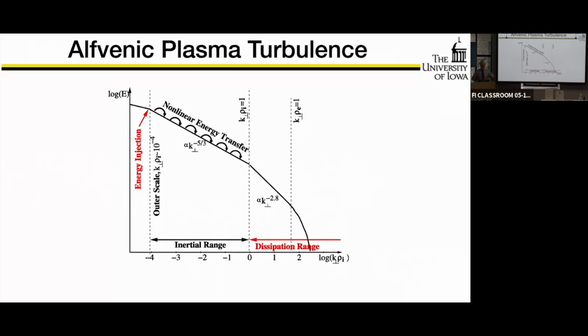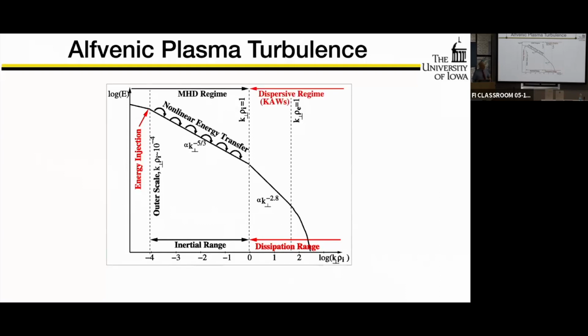That's actually the definition of the inertial range. There's a steady state transfer of energy from large to small scales with no loss of energy. And that is all happening at scales that are larger than the ion Larmor radius. This is the regime where MHD is applicable. And so all of the fluctuations there are primarily Alfvén waves.